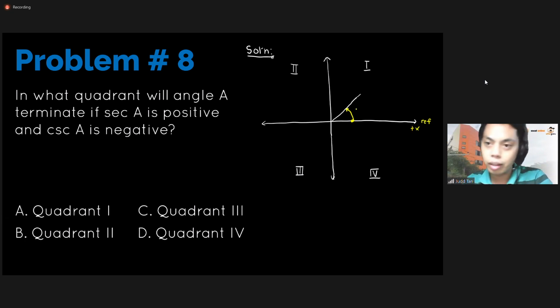Kunyari, angle theta. This angle theta now will be, yung sine, yung cosine, tsaka tangent. Ito po yung i-test natin. Dito po sa first quadrant, if i-try niyo guys yung mga acute angles, you always get a positive value.